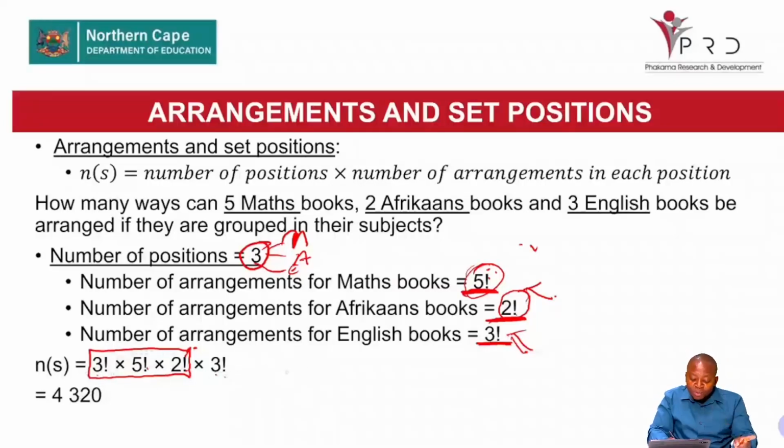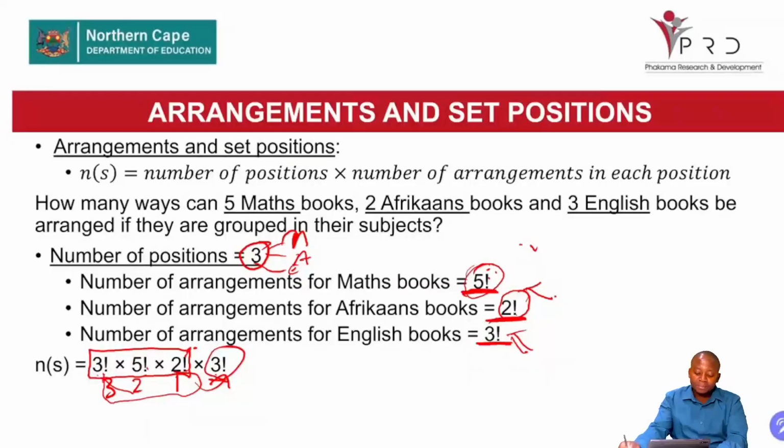We can start with the math group, or the English group, or the Afrikaans group, in all of those arrangements. So the 3 permutation is 3, 2, 1. This is where that 3 factorial comes from. So the number of ways in that case was 4,220. Let us move on.